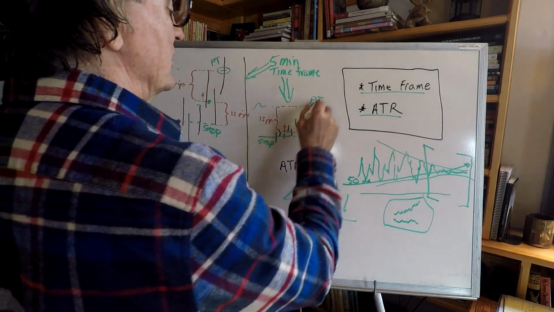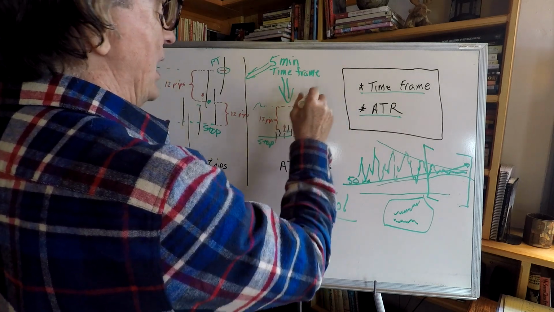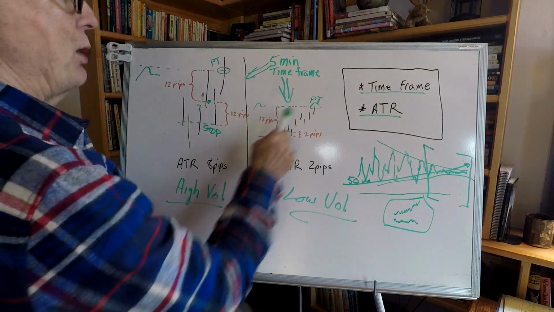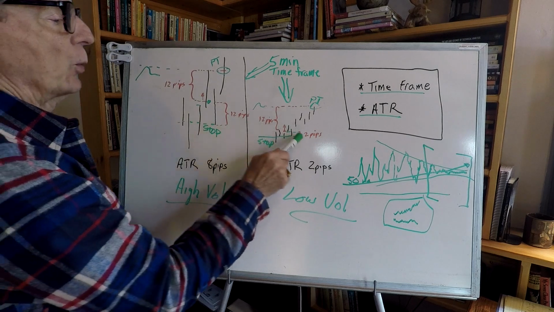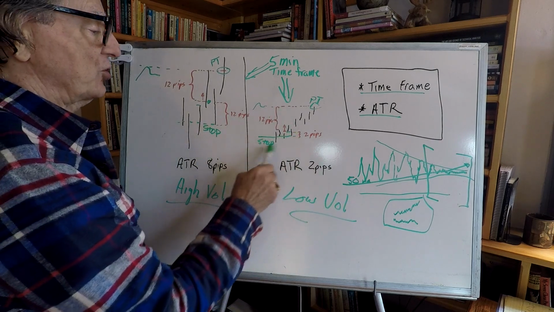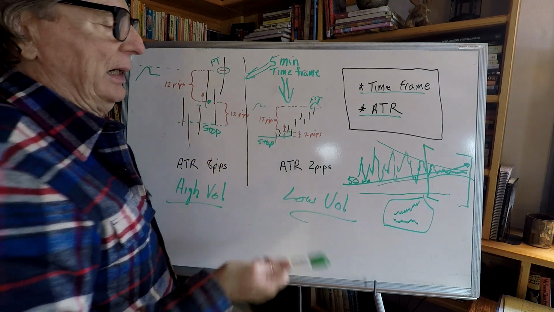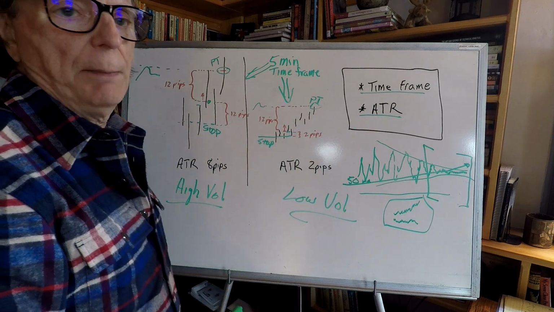In 6 bars at 2 pip ATR on a pretty consistent rise, I'm going to get my 12 pips. So I've got the same amount of 12 pip profit target as I do over here. But my risk is 2 pips, whether it's defined by some structural thing that I did here, or I just say, look, I'm going to do an ATR stop.